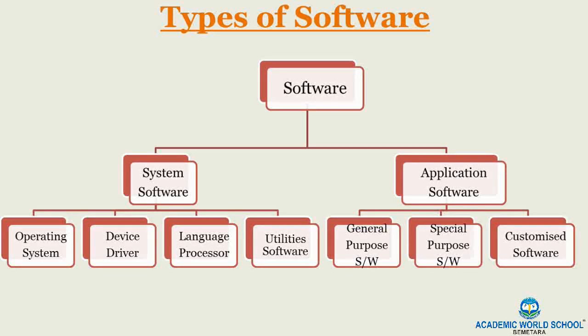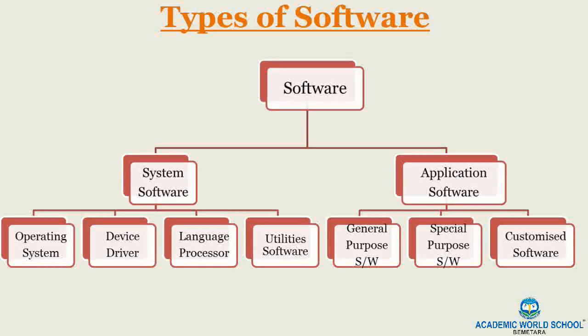It manages all the different internal and external activities. As examples of operating systems, you can take Windows XP, Vista, Windows 7, Windows 8, Linux, Unix. It works as an interface between the user and the hardware.